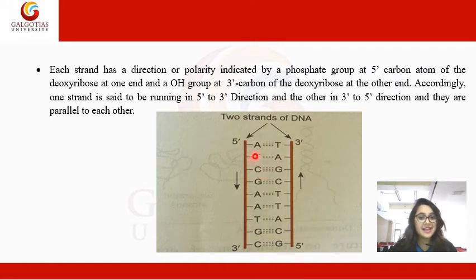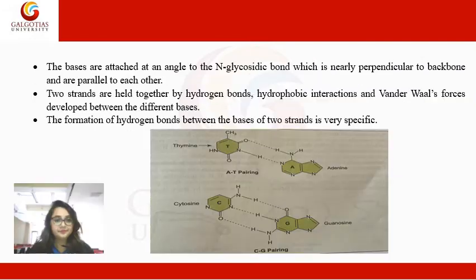So if there is A, T, T, A, then C, G, G, C, A, T, T, A, T, A, G, C, C, G, these are the ways the two strands of the DNA are formed. One is running in the ascending and one in the descending direction. Correct?